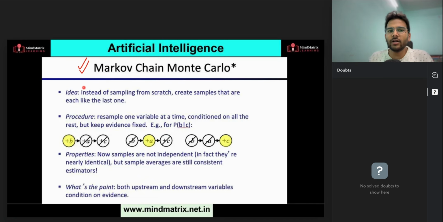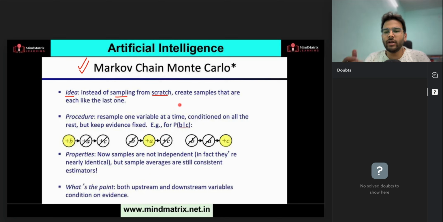So let's understand what is the idea behind this Markov chain Monte Carlo. The idea is very simple. Instead of sampling from scratch, like you have seen in the previous lecture when we were talking about the sampling part, whether it is prior sampling or rejection sampling, what we do is we have a distribution, we extract some samples, and using those samples we try to find out the probability.